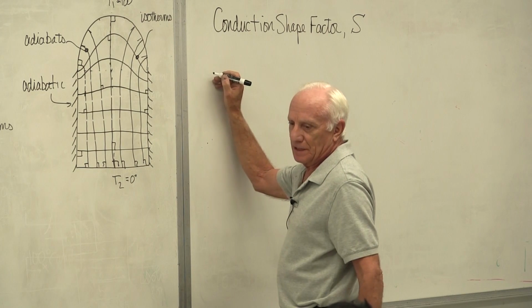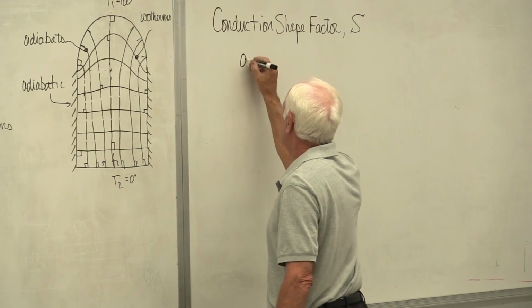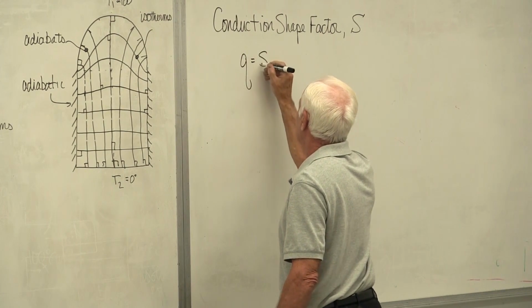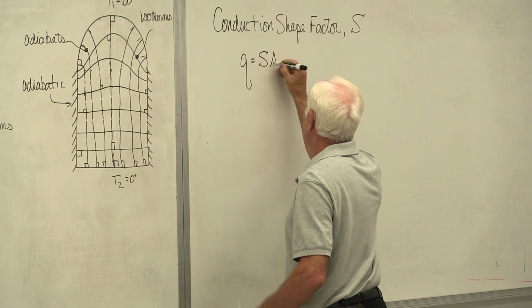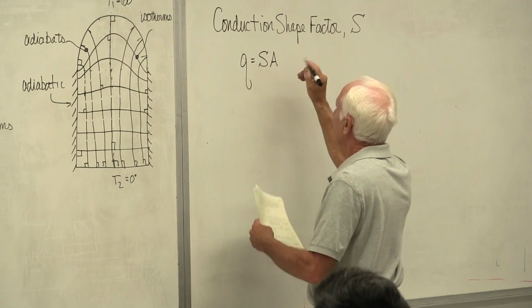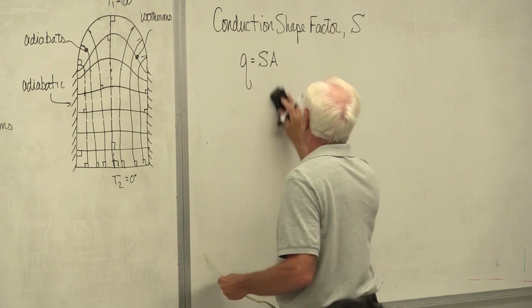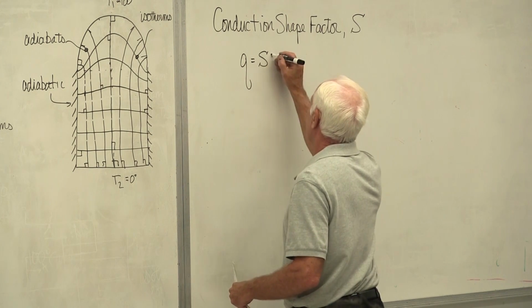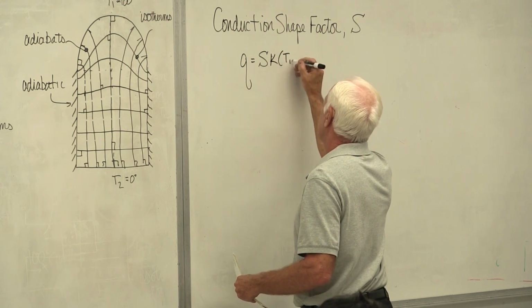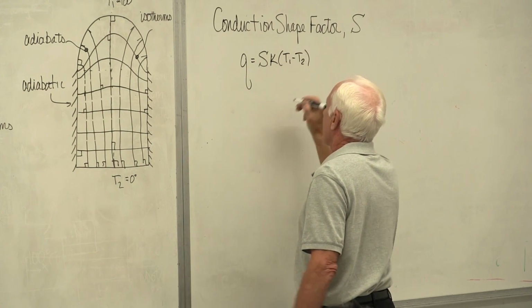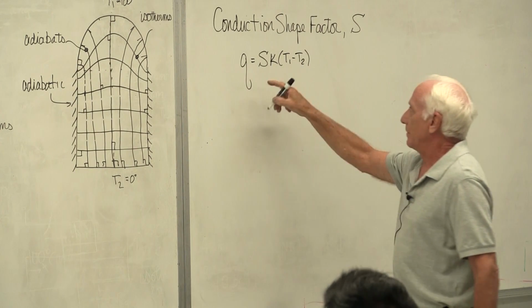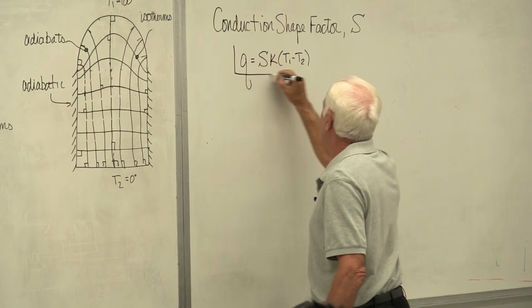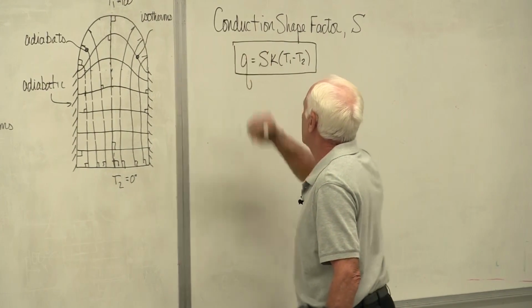Let me explain to you first how you use them. Q equals the conduction shape factor times K times T1 minus T2. So that's how you find the heat transfer in the problem.